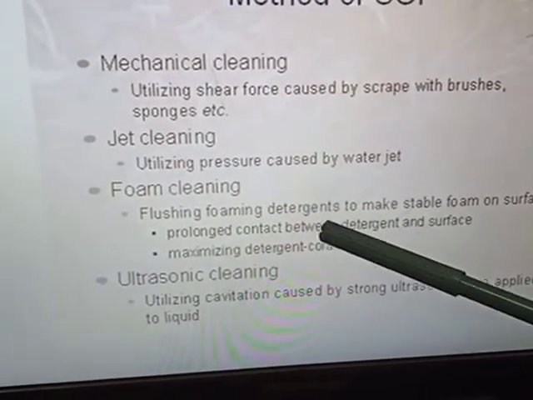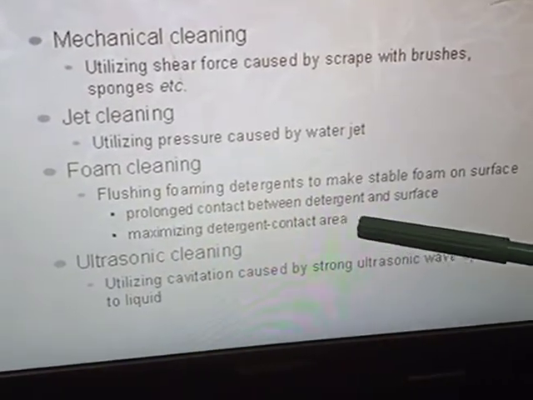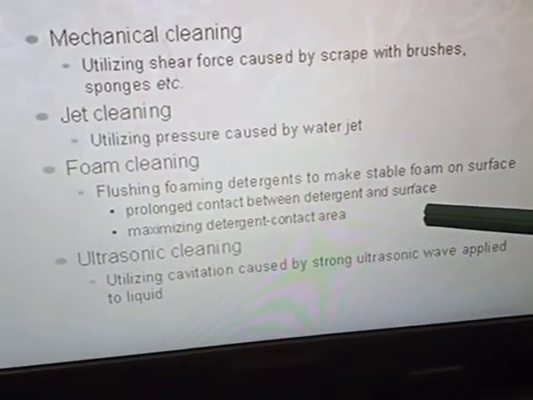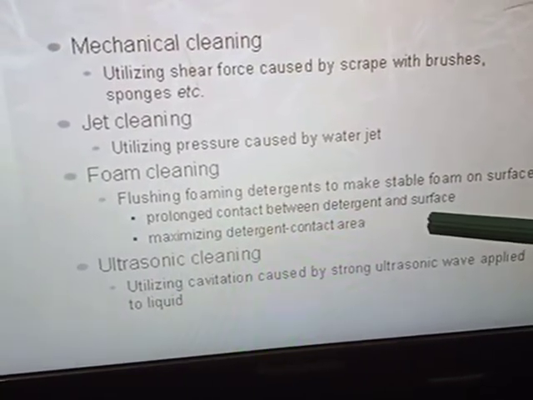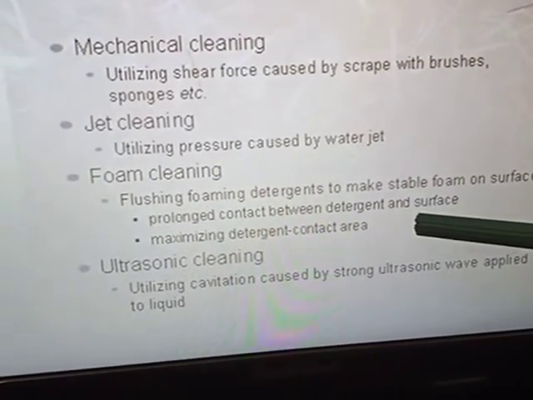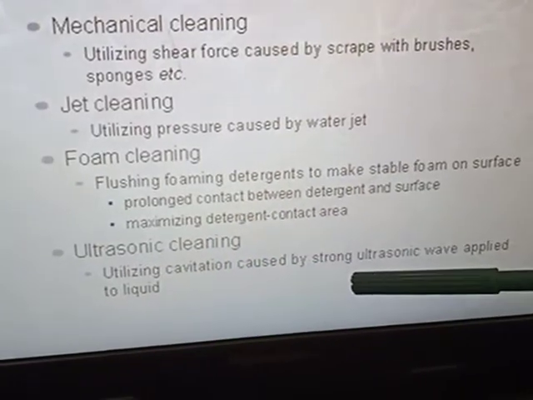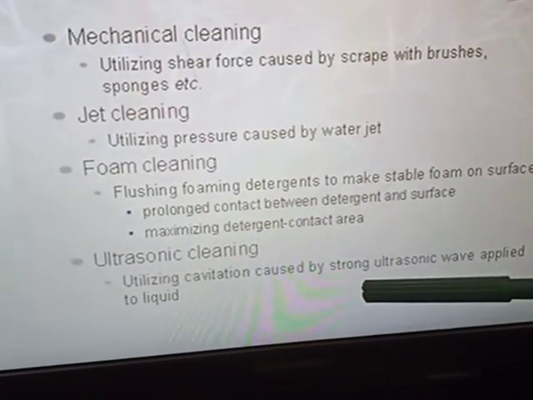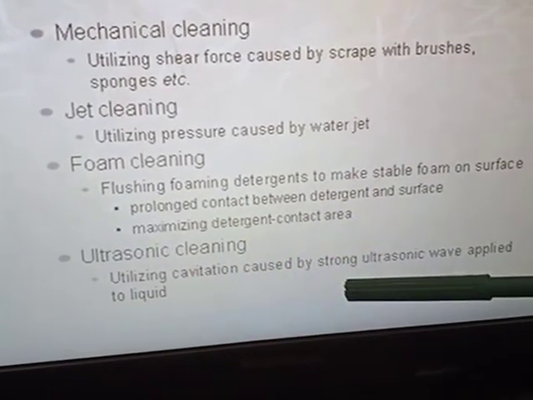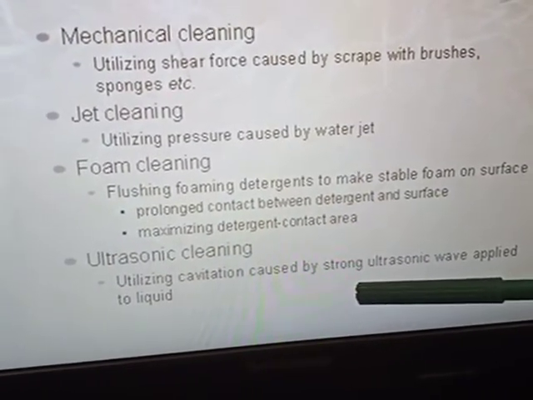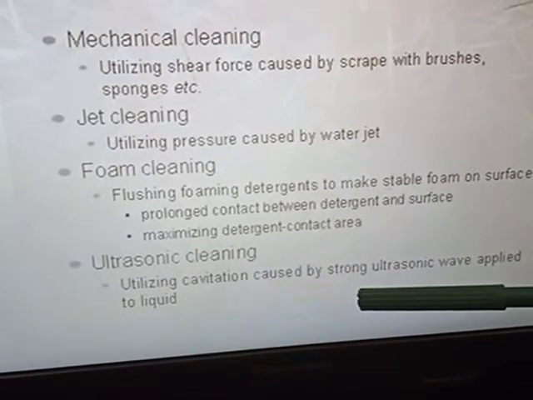Foam cleaning, flushing foaming detergents to make stable foam on surface, prolong contact between detergent and surface, maximizing detergent contact area. And then we can also use ultrasonic cleaning, utilizing cavitation caused by strong ultrasonic wave applied to liquids.